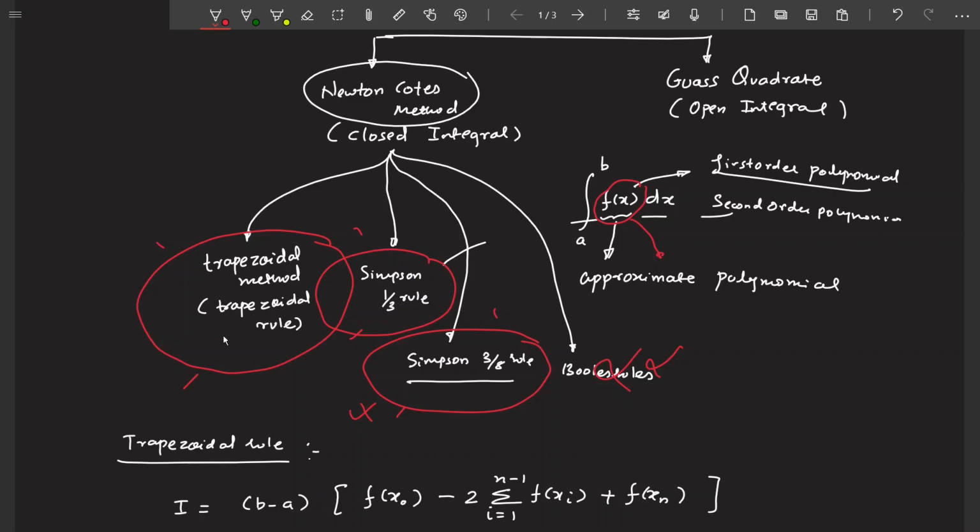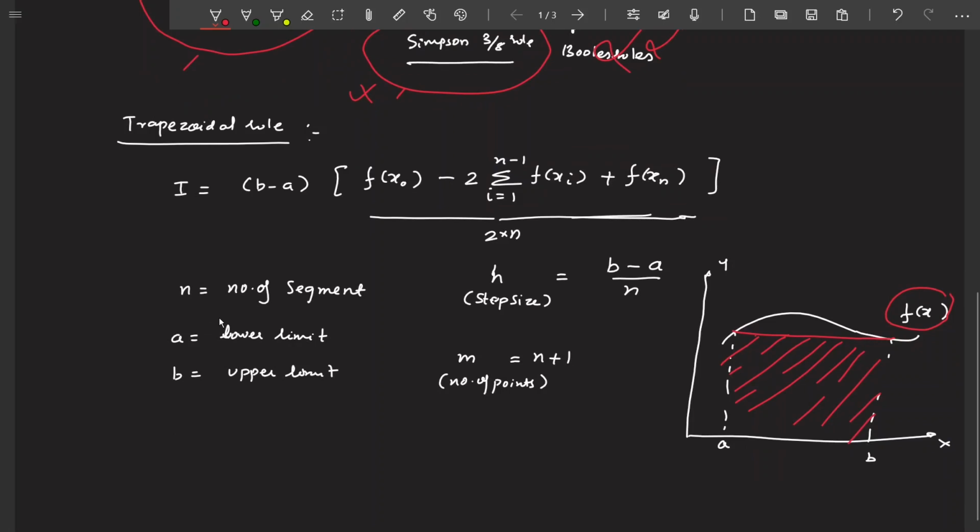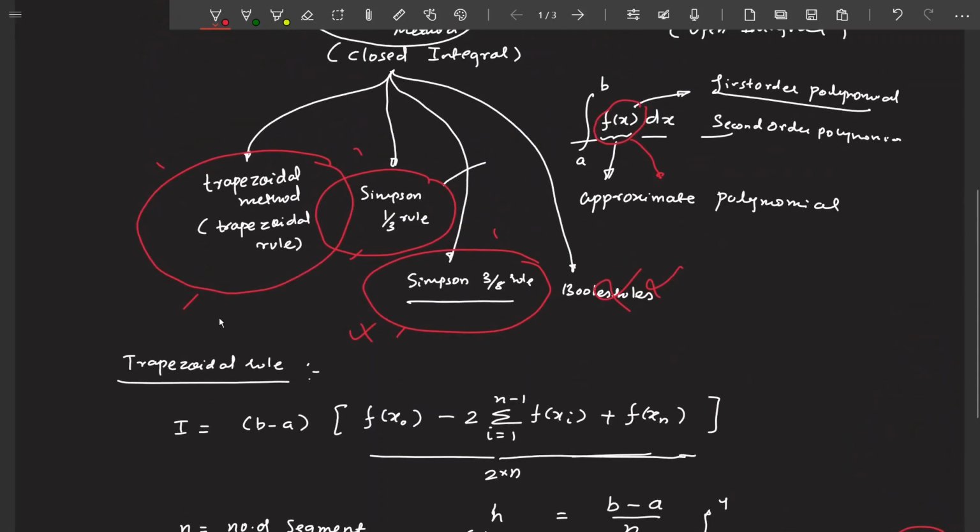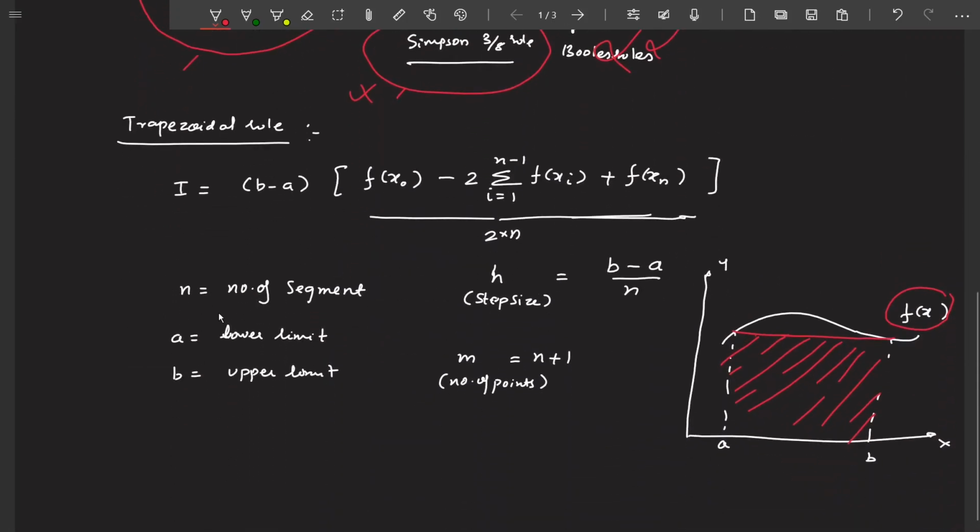So once we have discussed this, we'll talk about a problem where we are going to find out the integral analytically, and also using the trapezoidal rule, and we'll see how much error we get, and how we can reduce the error using trapezoidal rule.